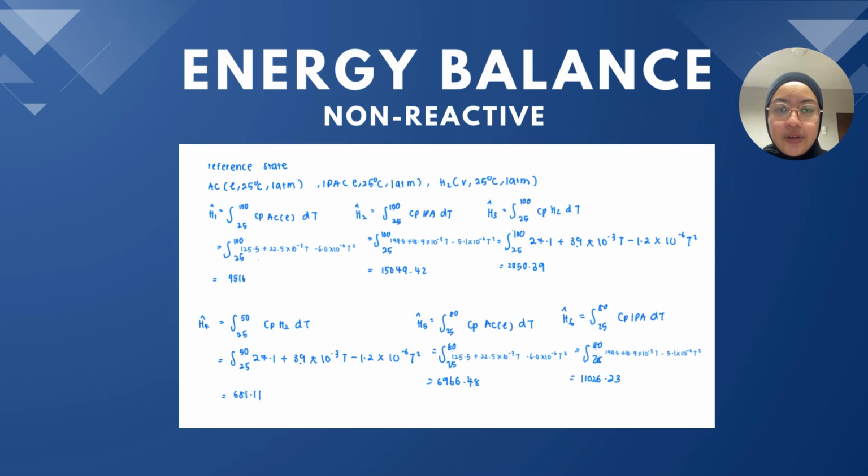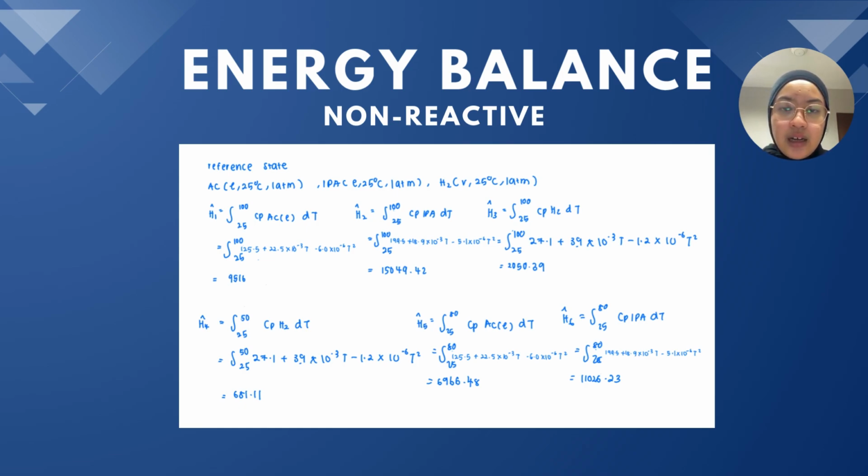The next step in the calculation of energy balance for the non-reactive system is to calculate the specific enthalpies of a substance. First I calculate the specific enthalpies for the acetone in, which is at 100 Celsius.